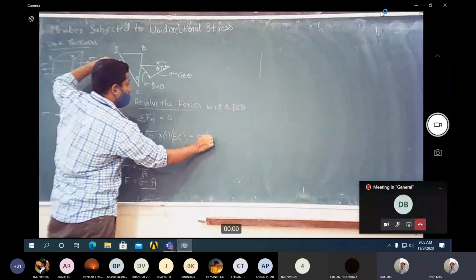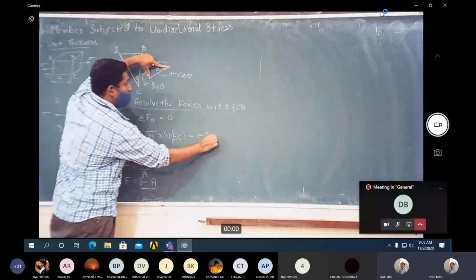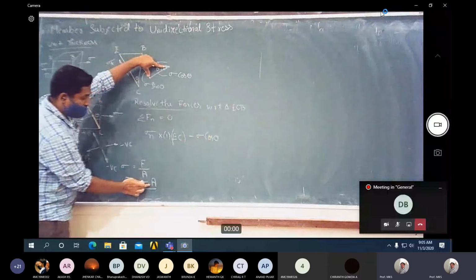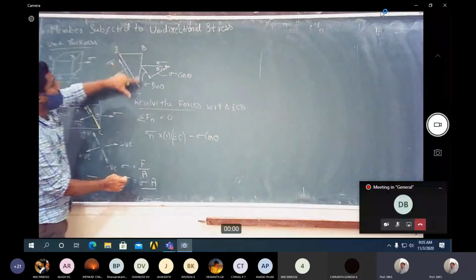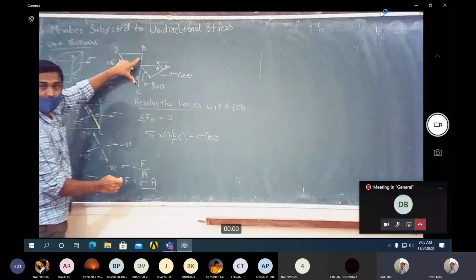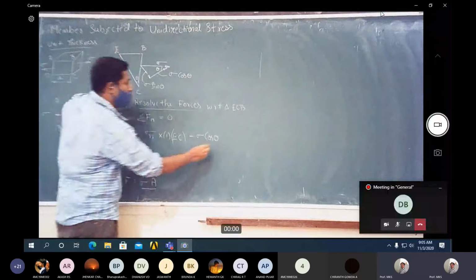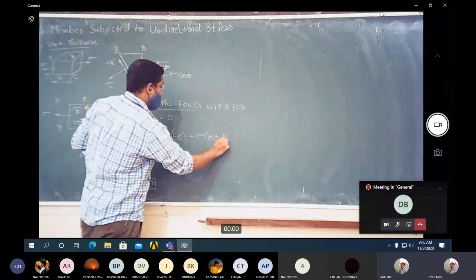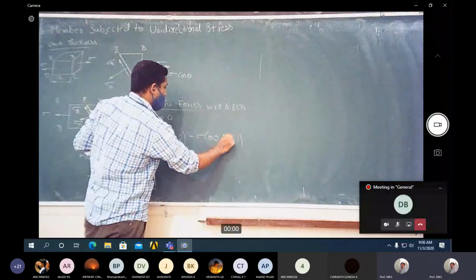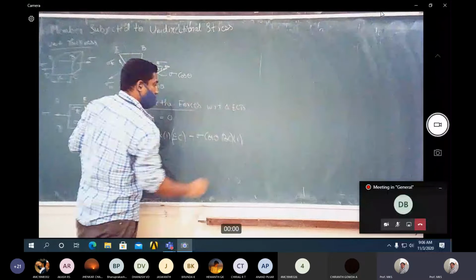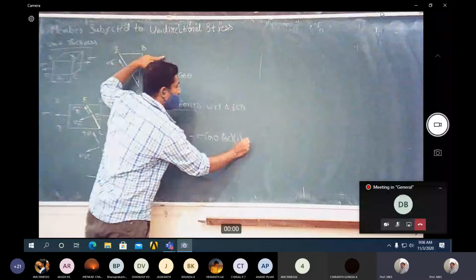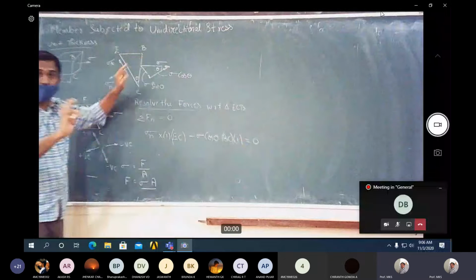Sigma cos theta is the force, and its area is BC, plane BC into thickness 1, so BC into 1. Right? So this will be equal to 0.